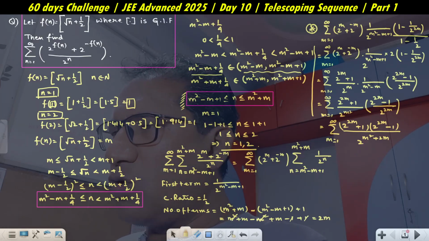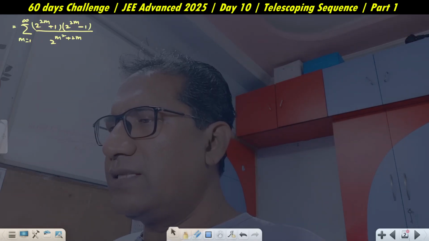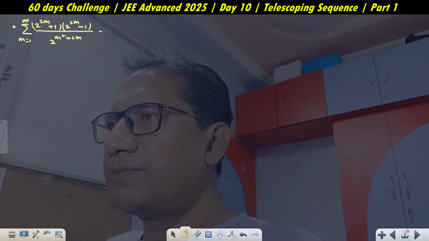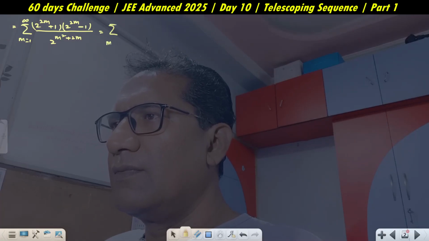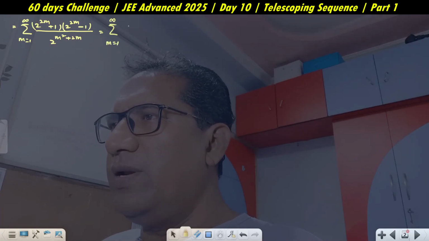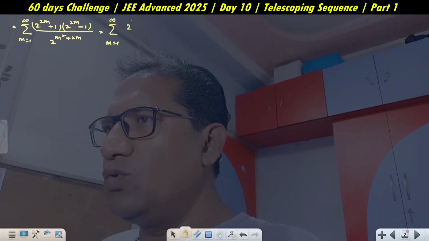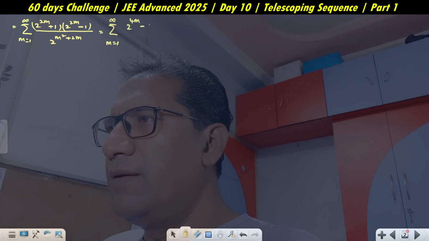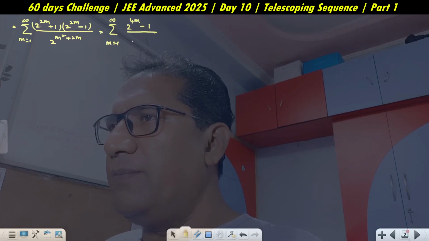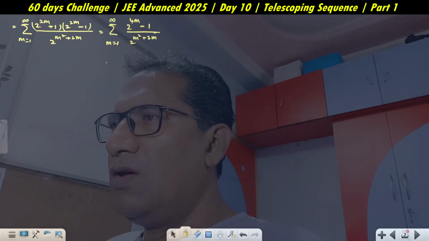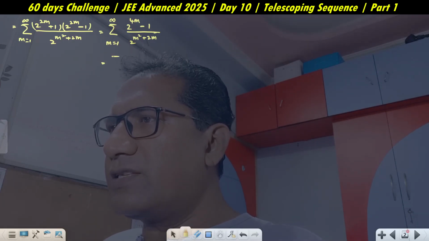So let me just copy this one. So this can be written like m is from 1 to infinity, this is 2 to the power 4m minus 1 divided by 2 to the power m square plus 2m. Correct? If you want to separate this, you can do that.